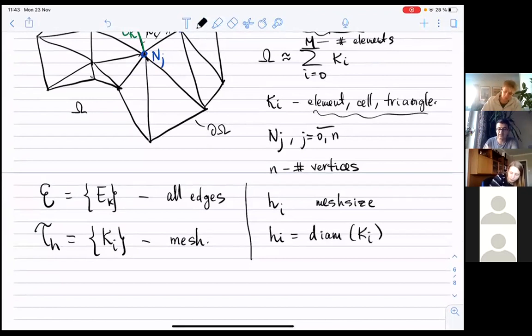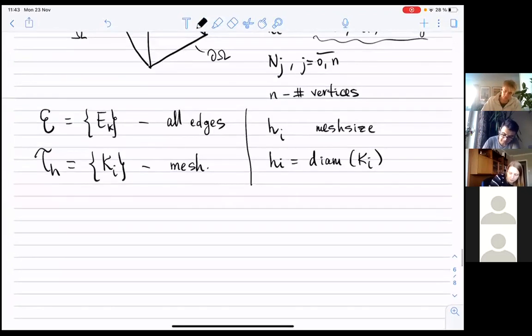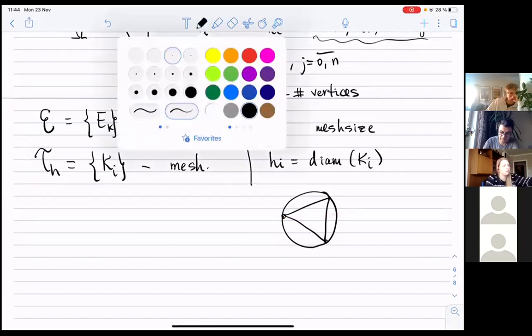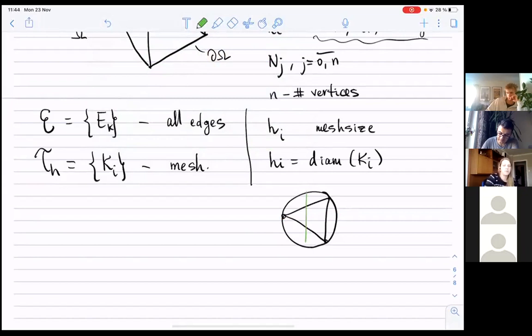So diameter means that you take a triangle like this, and you pass a circle around it. I have to pass the circle through all these vertices. Then the mesh size is the diameter of this circle.